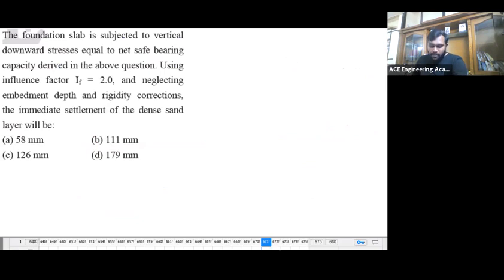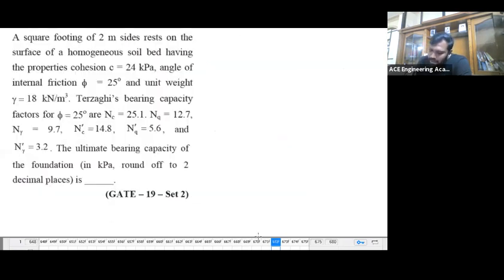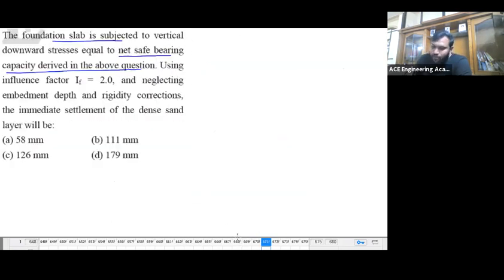Now, the foundation slab is subjected to vertical downward pressure equal to the net safe bearing capacity derived in the above equation, using influence factor 2, neglecting embedment depth and rigidity corrections.